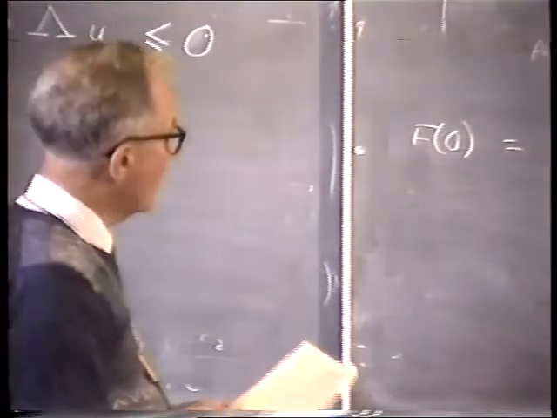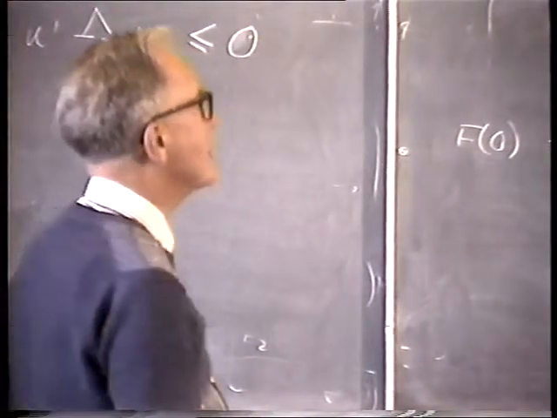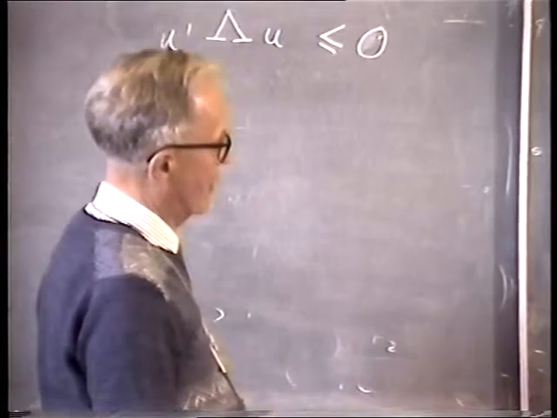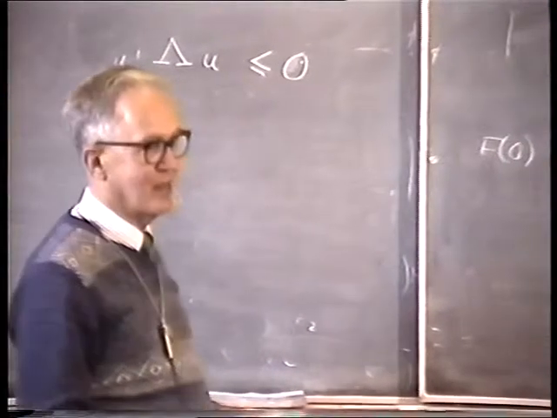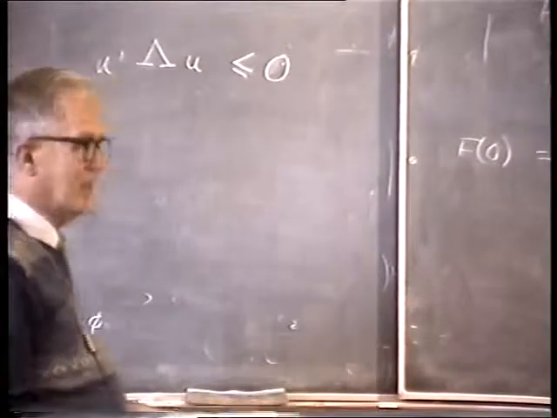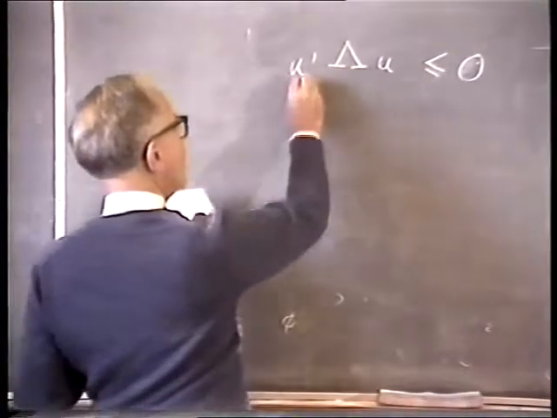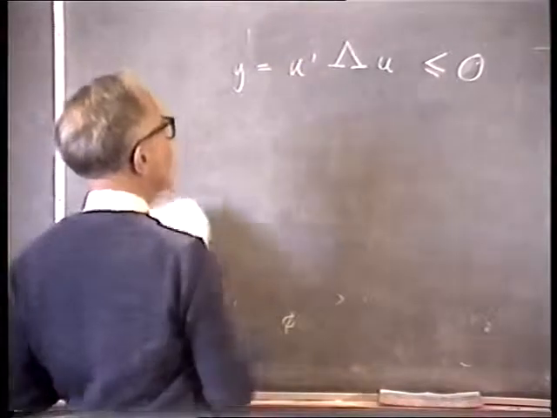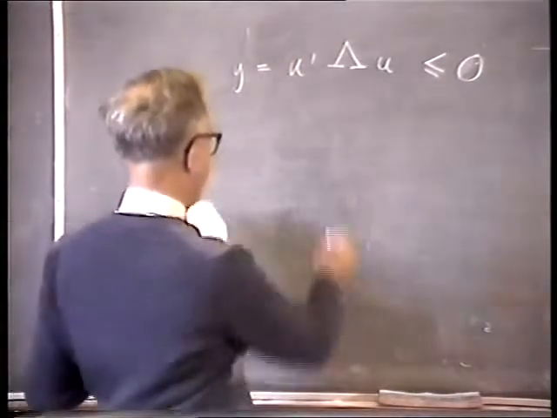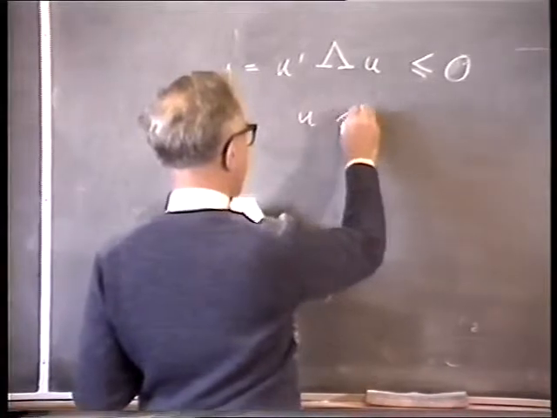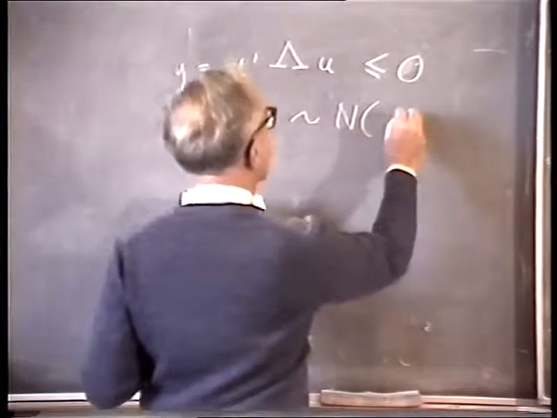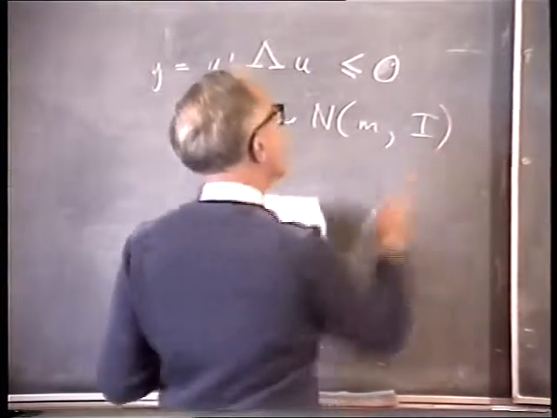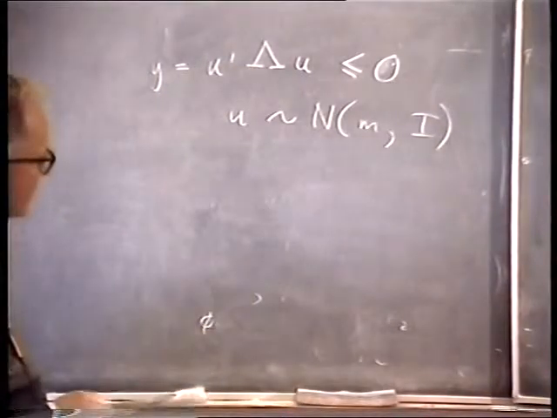Now, all I have to do in order to finish this, round this off perhaps, is to look at what the form of the characteristic function is for this particular y. In effect, what I'm doing is to say, okay, y is u prime lambda u, and u is normal with m as mean and I as the variance matrix.